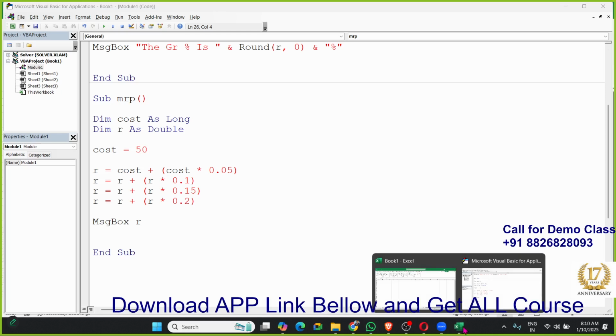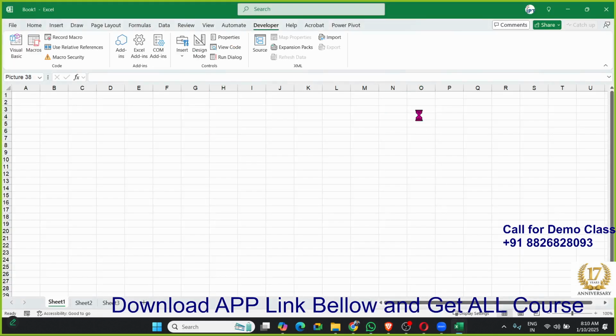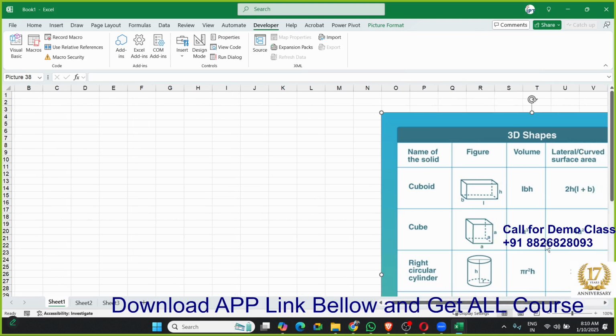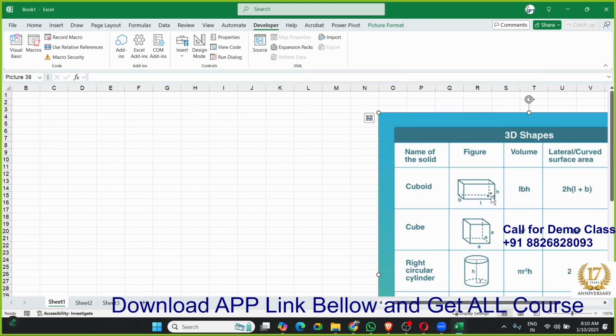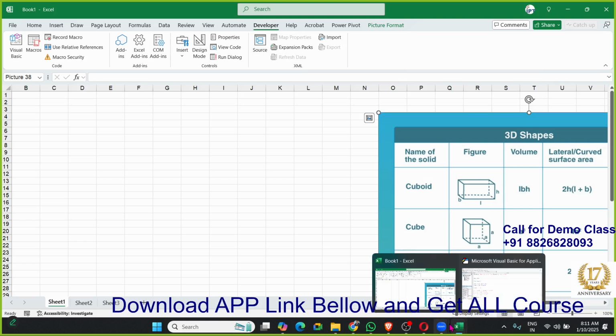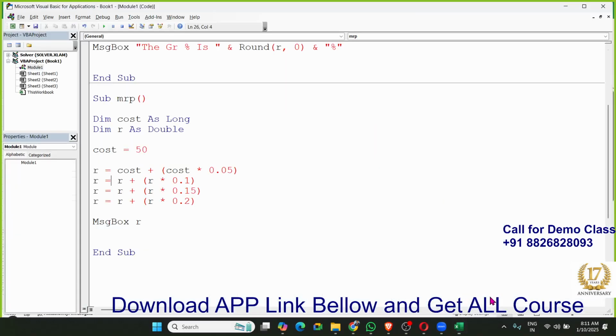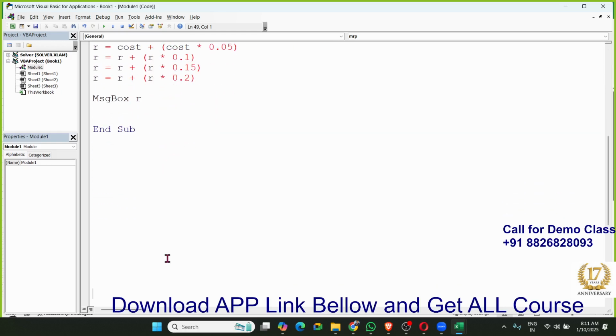I give one example so that you understand what we do with the equation. First, see here, the figure with L, B, H. You need to assume an L, B, H, define them and also assign the values. So we have Sub, position number one, bracket open close.